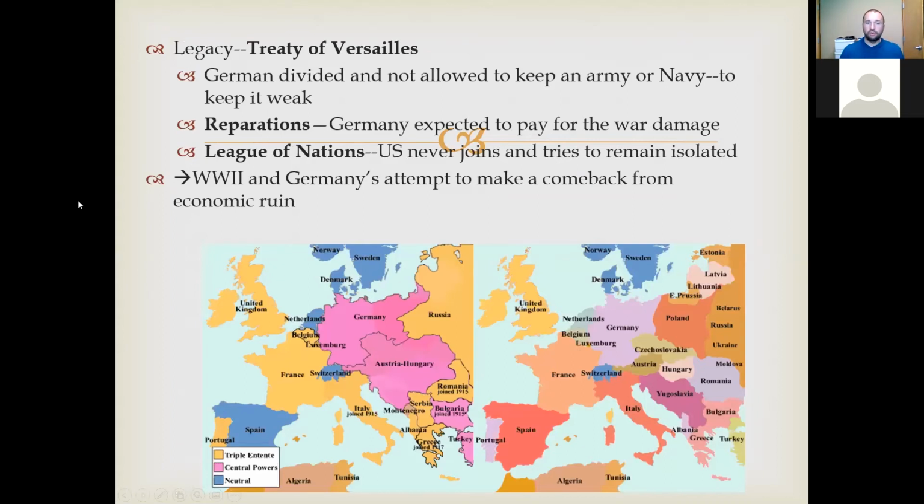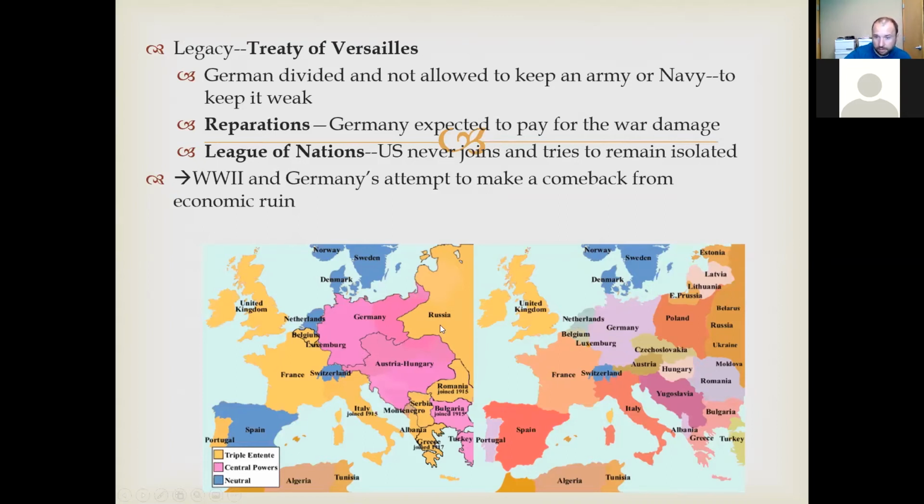Okay. So down here, I want to talk about the two different maps because they look different. So before World War One, the political boundaries, or the countries that made up Europe, look different. Germany was much, much bigger than it is today.